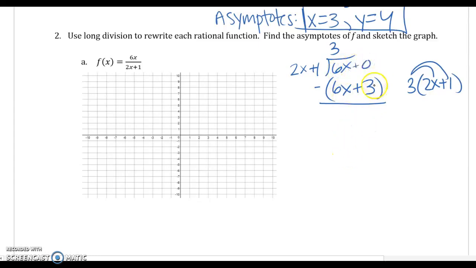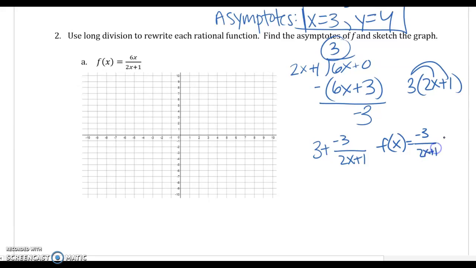Invisible 0. 0 minus 3, negative 3. There's our remainder. So we have 3 wholes plus negative 3 over 2x plus 1. And kind of the way we like to see it is more f of x equals negative 3 over 2x plus 1 plus 3.